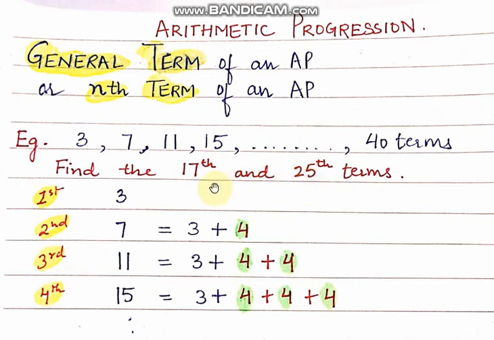But it will become difficult if I ask you not the 17th, but the 1000th term, or maybe the 2500th term. Then it's going to be very time consuming, adding 4 and 4 and 4 every time to the next term to reach the 2500th term. You will say it's time consuming, plus it's so boring.